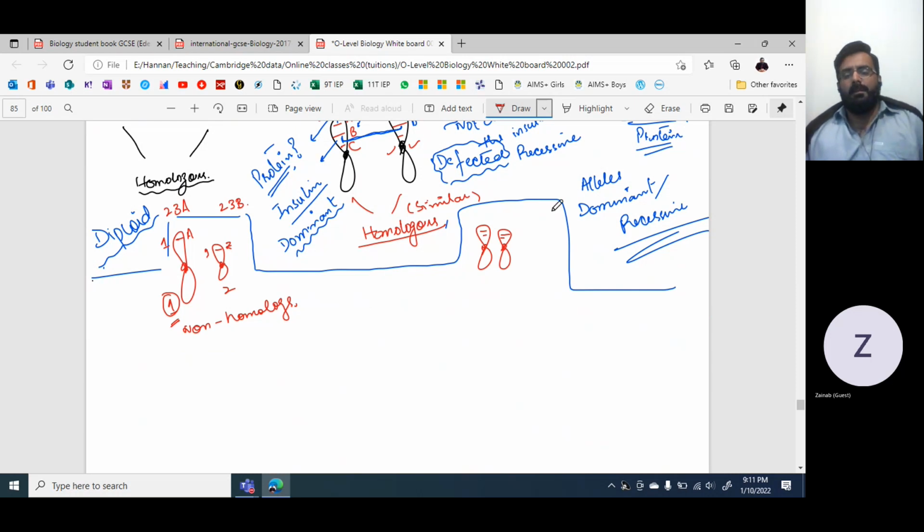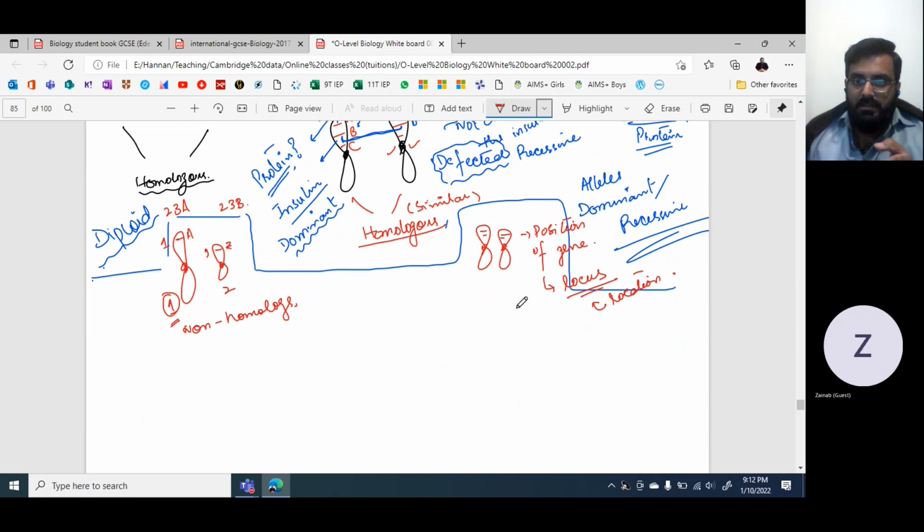Let me tell you another thing. I'm telling you repeatedly about the position of a gene. There is a very particular term for the position of genes in genetics. That position of the gene is known as locus, which is derived from the word location. Location means position.